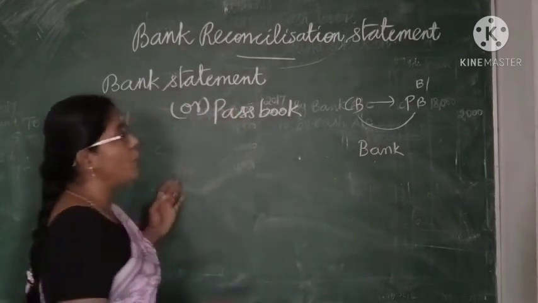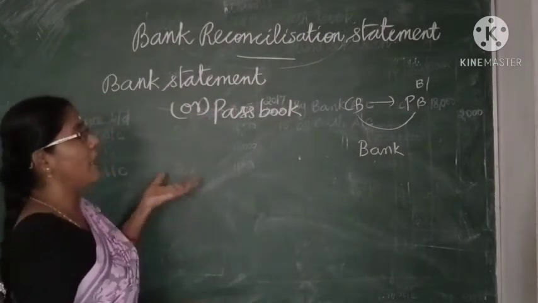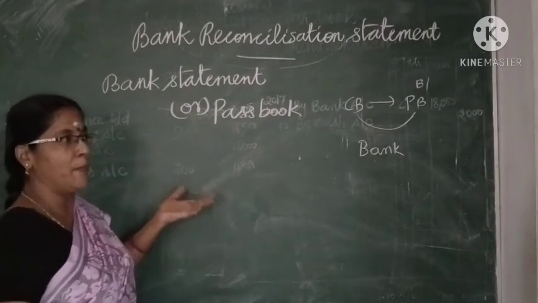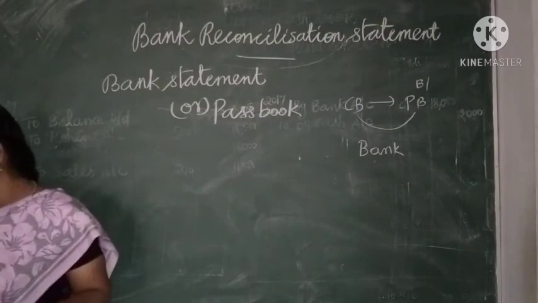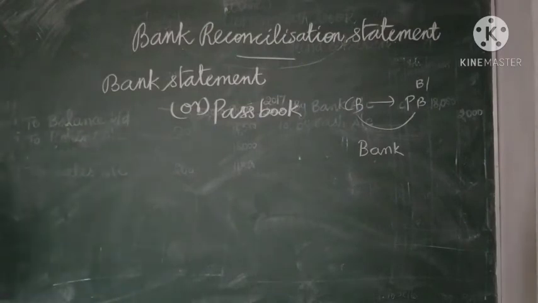Now let us know in depth about the bank statement or passbook. Some may call it a passbook. So what are all the things they are doing in the bank? Let us see. Nowadays in all business transactions, they are giving checks, isn't it? They are depositing checks to receive payments.